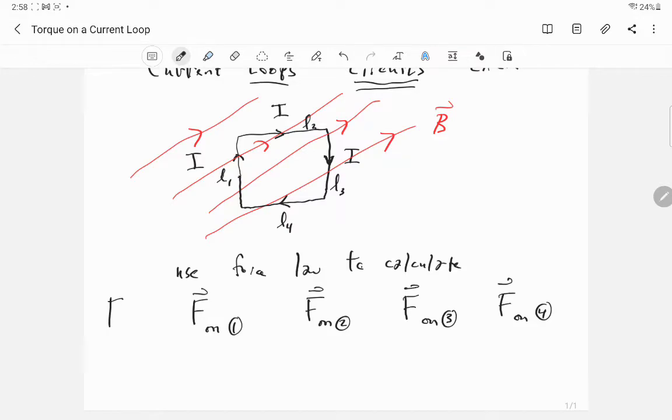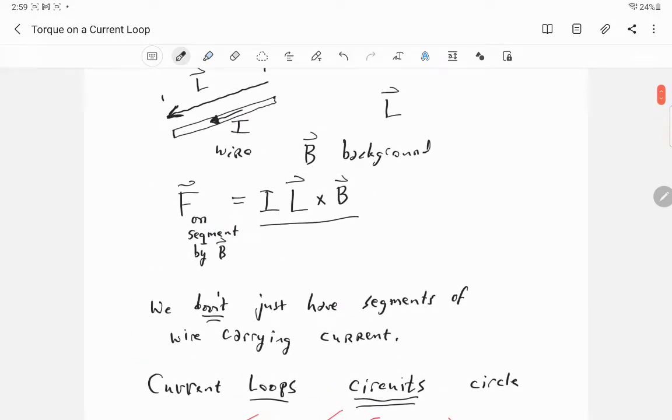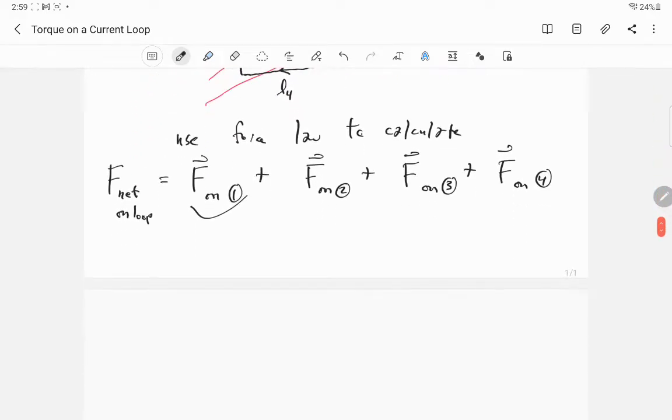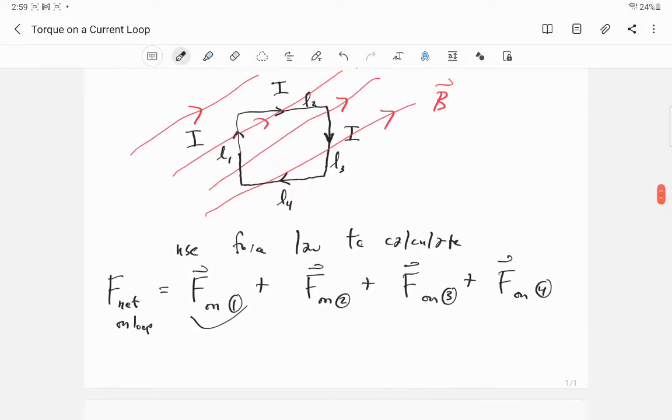And I could calculate the net force on the loop by adding together these 4 forces, where each force is calculated with the magnetic field near this section of wire, where that section of wire is carrying that current I. So this is a pretty easily defined problem, and you can imagine going through the motions of solving for a net force.